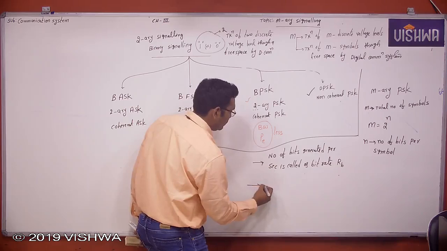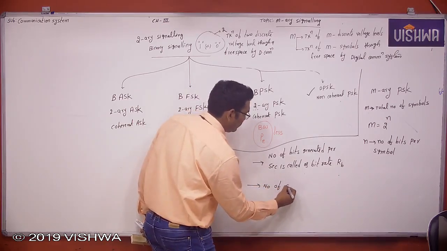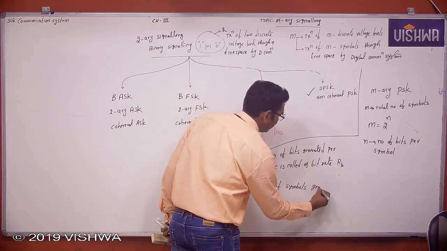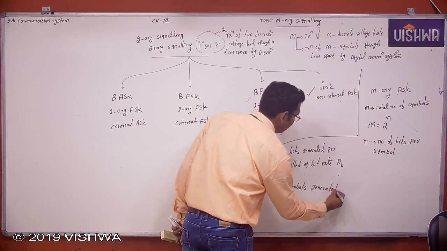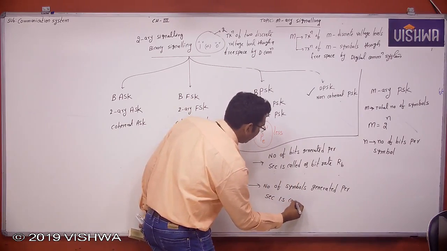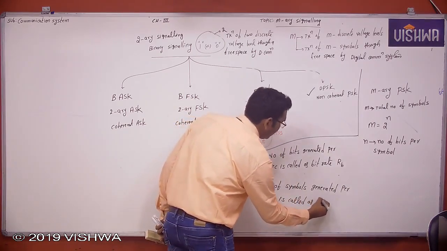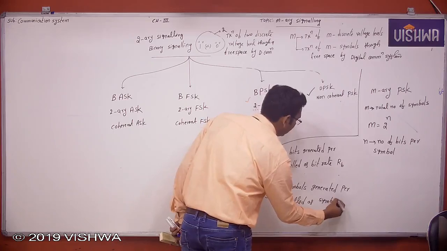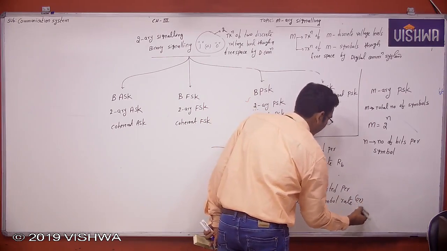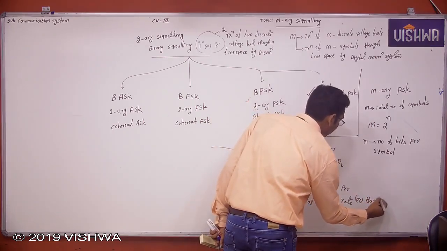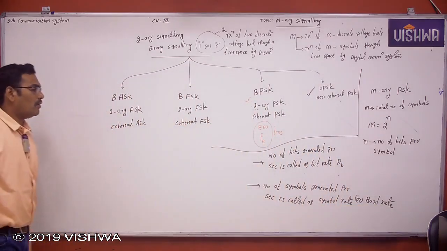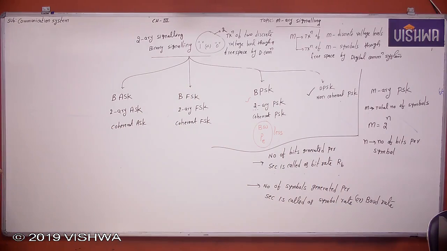Similarly, number of symbols generated per second is called symbol rate, or baud rate. How many symbols generated per second is called symbol rate or baud rate? Note down.